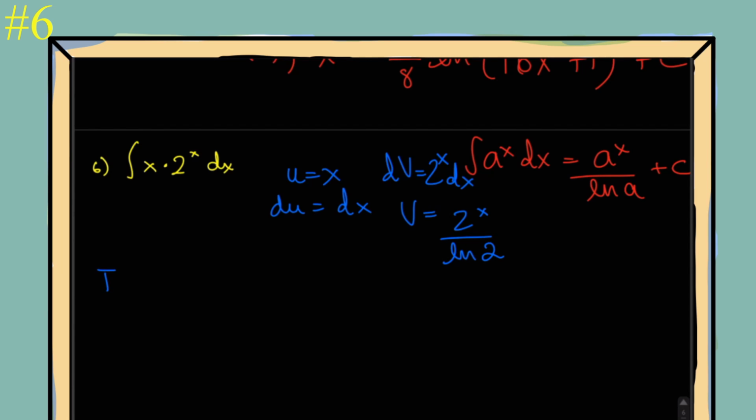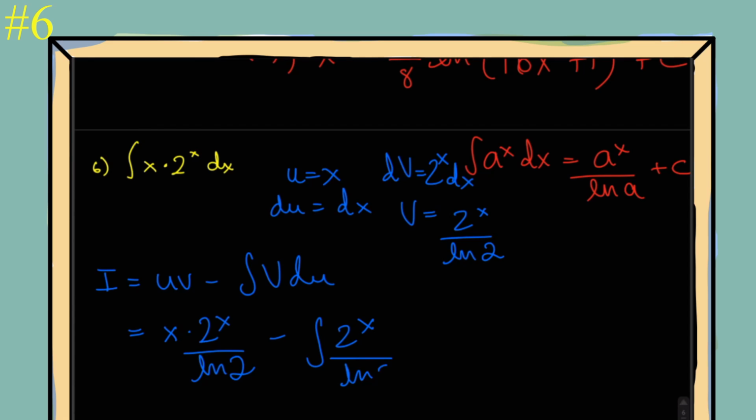So our integral I is going to be equal to uv minus the integral of v du, which is equal to x times 2 to the x divided by ln of 2 minus the integral of 2 to the x over ln of 2 times dx.